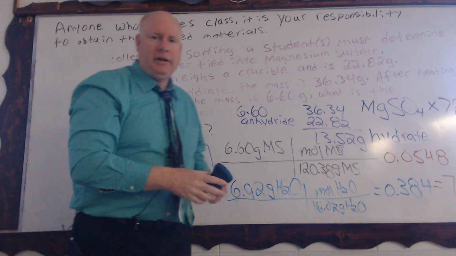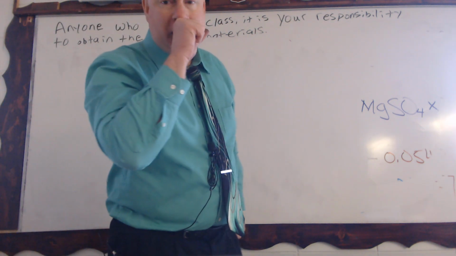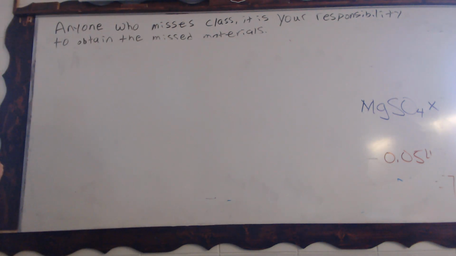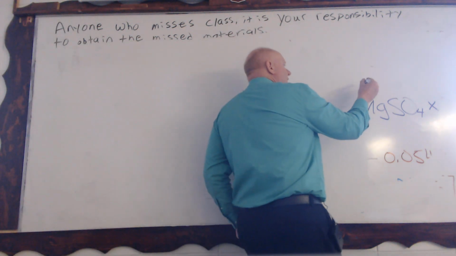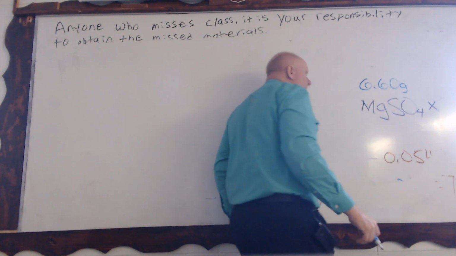We can just go ahead and pause this for a moment. Just saying, I wished I didn't erase all that. We had, it was 6.9, was that our anhydride? 6.92. No, our anhydrite was 6.6. Okay, so we know that this is 6.60 grams, okay?